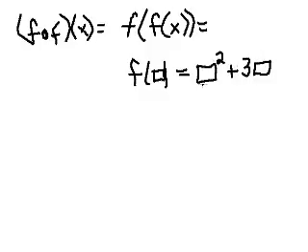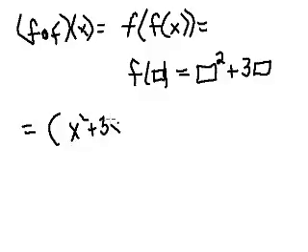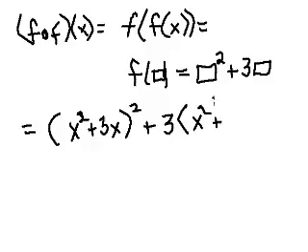So in this box, we're going to put back f again, and so that's going to be f, which is (x squared plus 3x) squared plus 3 times f, (x squared plus 3x). So we're putting f in here in this empty box into f again. Okay, now we FOIL this out or multiply it out.